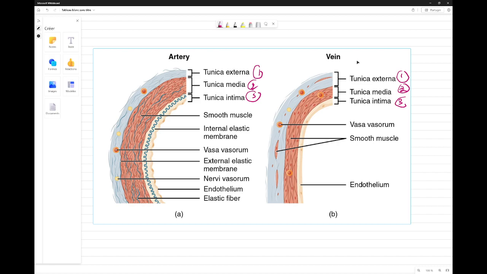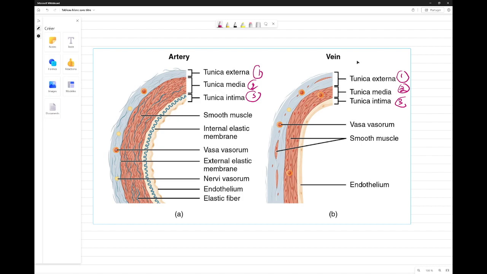The structure relates to its function in that way. While the vein does move blood, it will need the help of skeletal muscle, as we'll look at specifically for the vein.